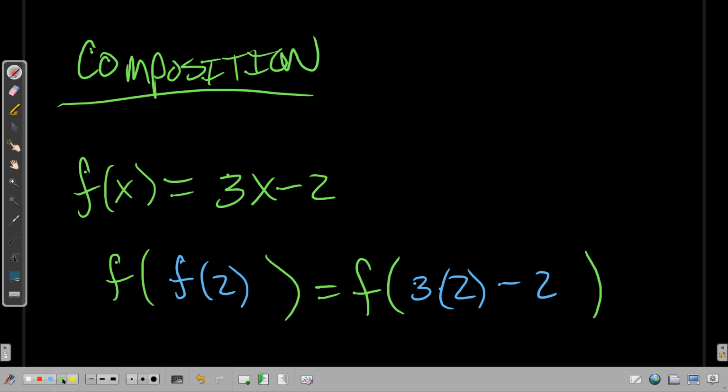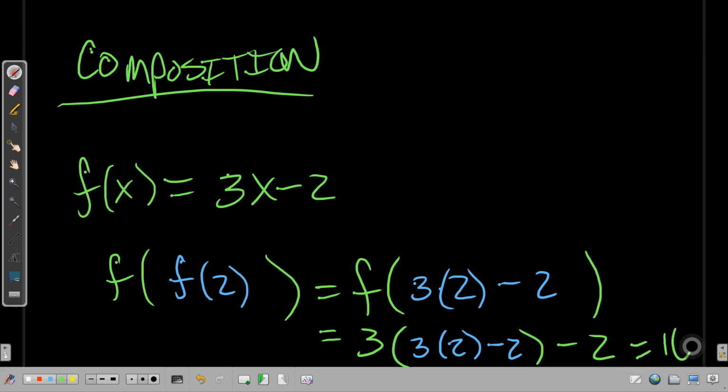So then f of 2 would be 3 times 2 minus 2. Right? So it just says 3 times 4 minus 2. It's 10. That's composition.